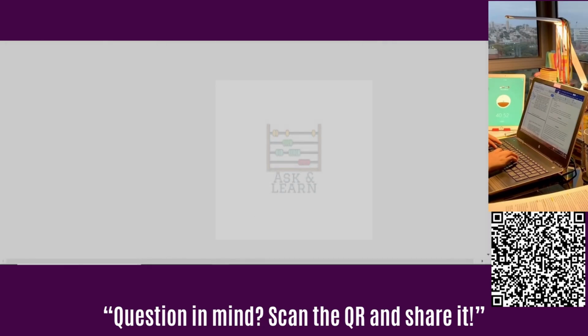Okay, so for this problem, let's try to get an understanding of what's going on here. We're told that we have two coils in a magnetic field that are rotating in this magnetic field.